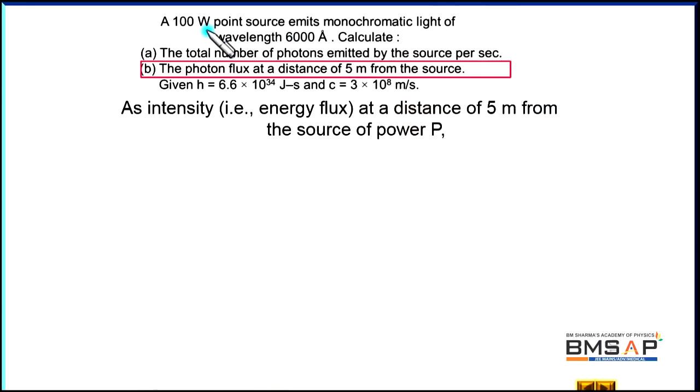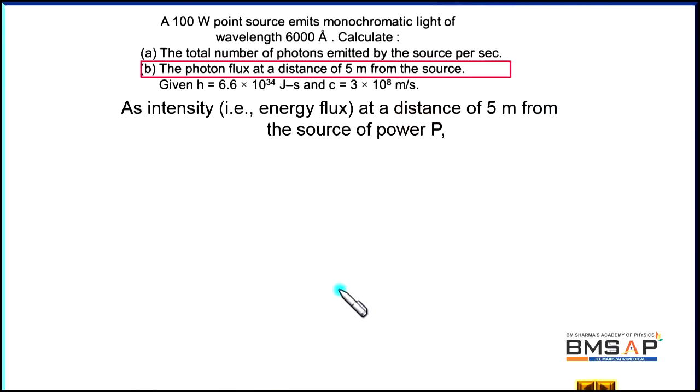Because this is a point source, we can imagine this energy is distributed in all sides. That means the sphere of radius 5 meter. So for calculating the intensity, we need to divide the power by the value 4 pi r square. 4 pi r square is nothing but the surface area of the sphere centered at the source. Source is at the center, and the surface of the 5 meter sphere represents the uniform intensity due to this point source.